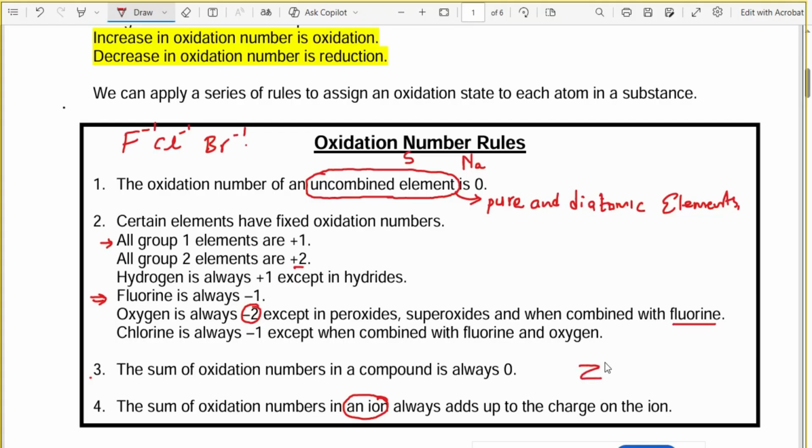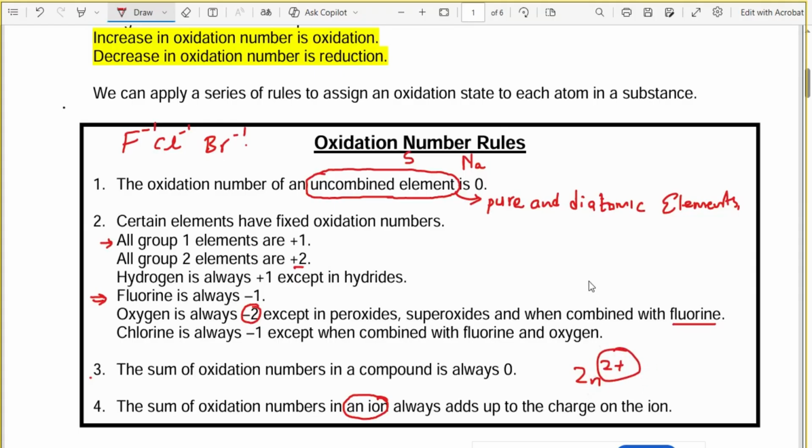Let me give you something. We know that Zn has the charge of 2+. I think you know that. So they are saying that the sum of oxidation numbers in an ion is the charge of that ion.